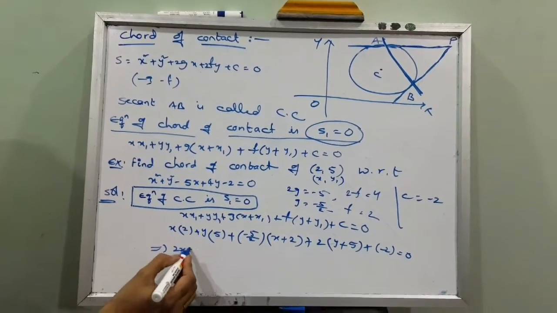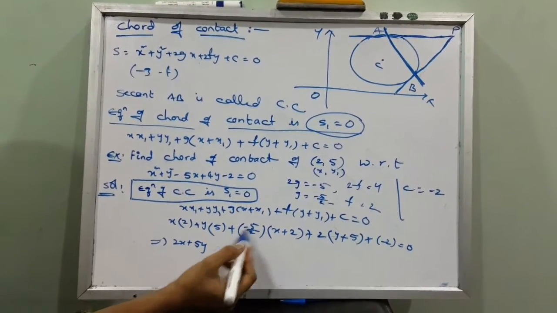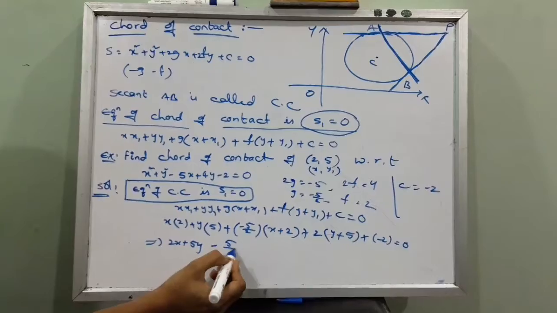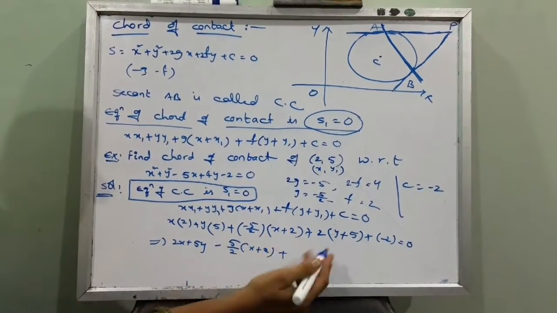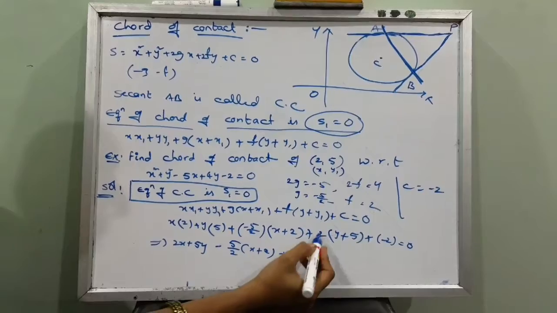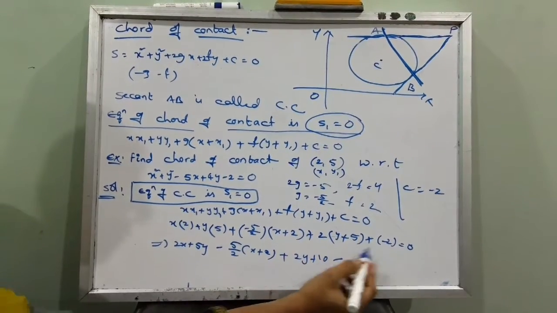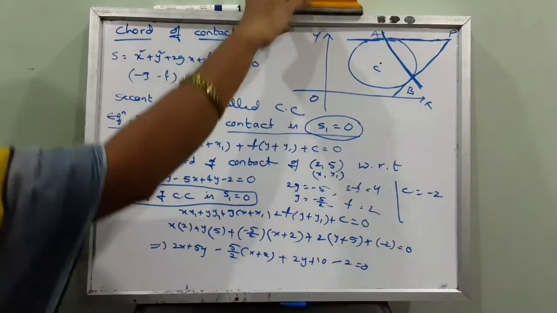From this, 2x plus 5y plus minus 5 by 2 of (x plus 2) plus 2y plus 10 minus 2 is equal to 0.